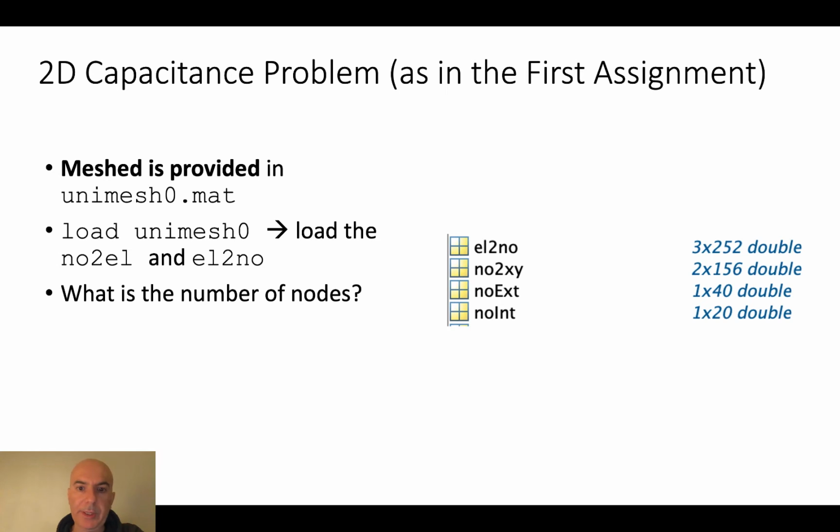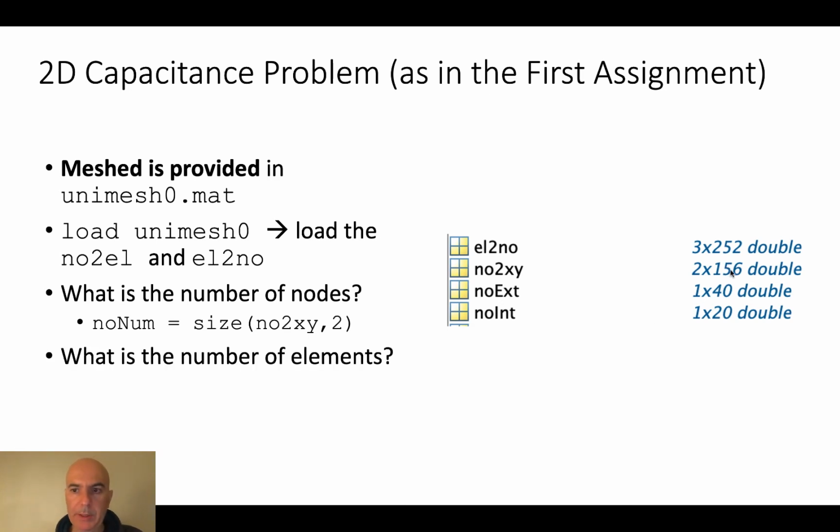So the question here is, what is the number of nodes that we have? Well, we can easily calculate the number of nodes by taking these matrices here. So in this case, node to x, y, and then take the second dimension. In this case, it will be 156.